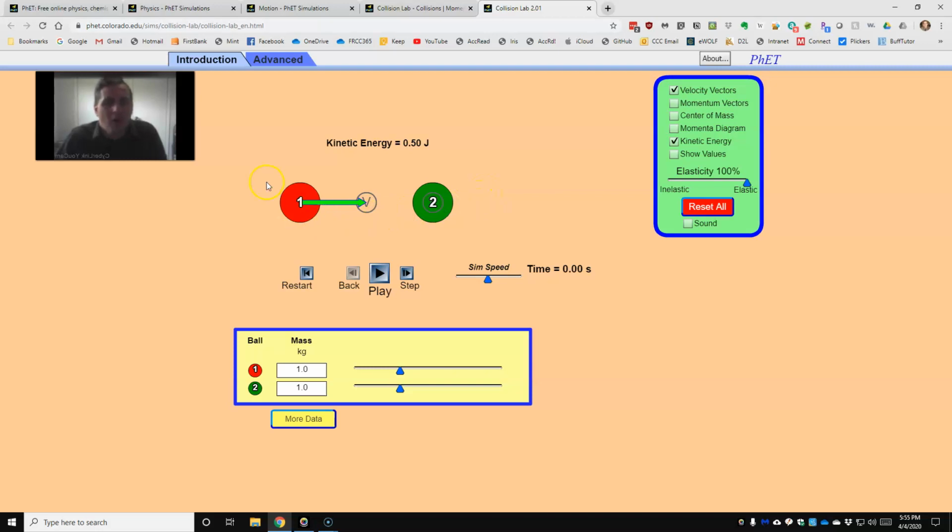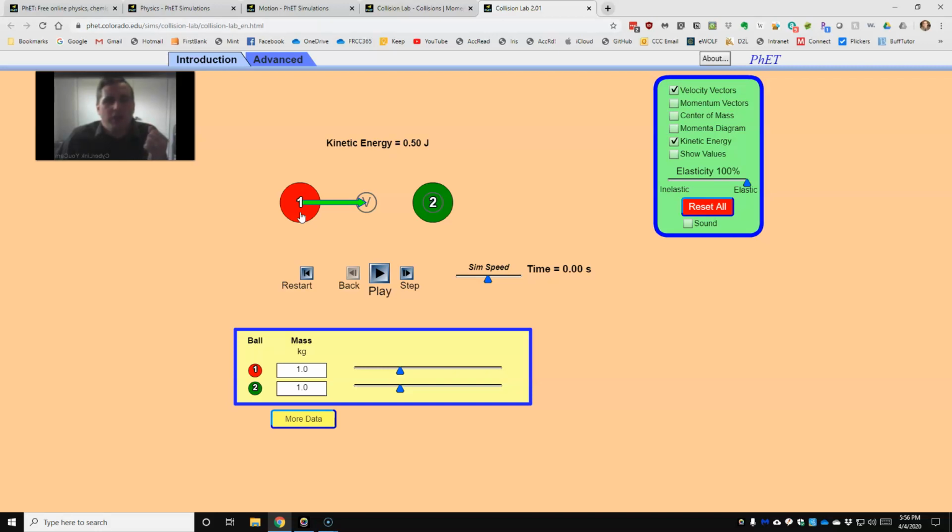So what we're going to do is look at several situations of balls colliding and interacting with one another, and between each slightly different scenario, I'm going to have you predict what should happen.